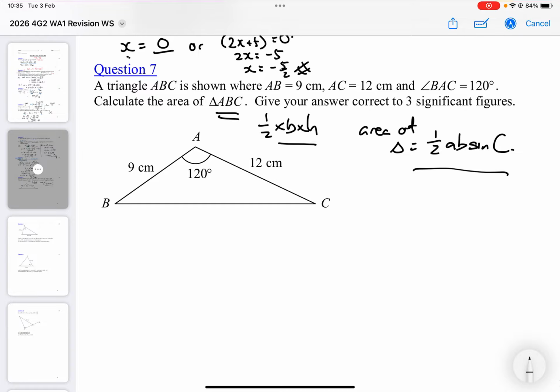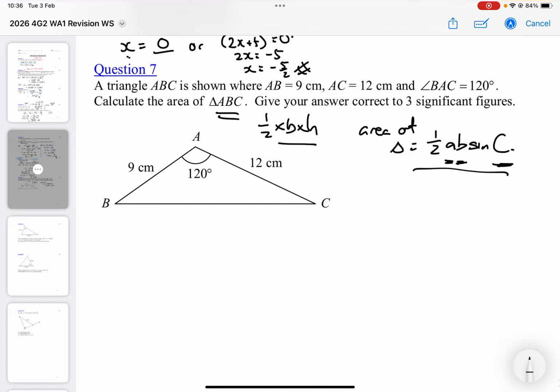The most important thing is you need to know two sides, and then you need to know the angle that is sandwiched between them. Then you can use it already. I also don't remember about the A, B or C. Don't need to remember all these things. Just remember that you have two lengths sandwiching an angle, you can use half ab sine C.